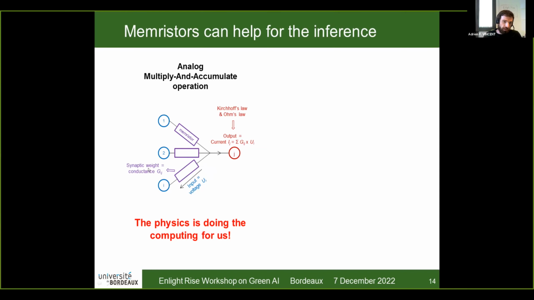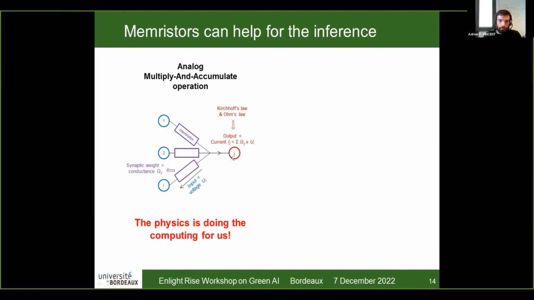You encode the synaptic weight into the electrical conductance of those memristors, which is 1 over the electrical resistance value. And at the end, you retrieve the summation of the currents, performed directly by Kirchhoff's law, and you get a current that is literally the result of the MAC operation between the voltage input and the conductance weight.